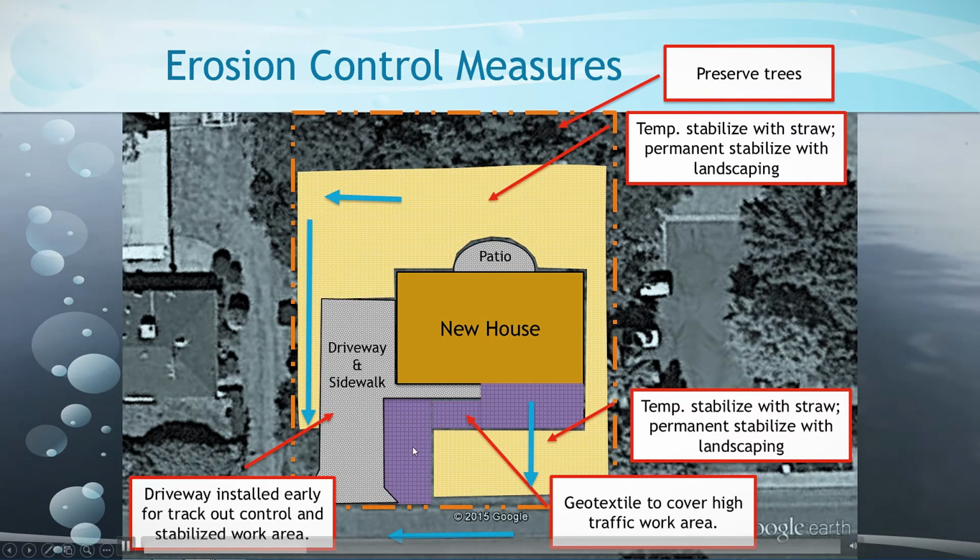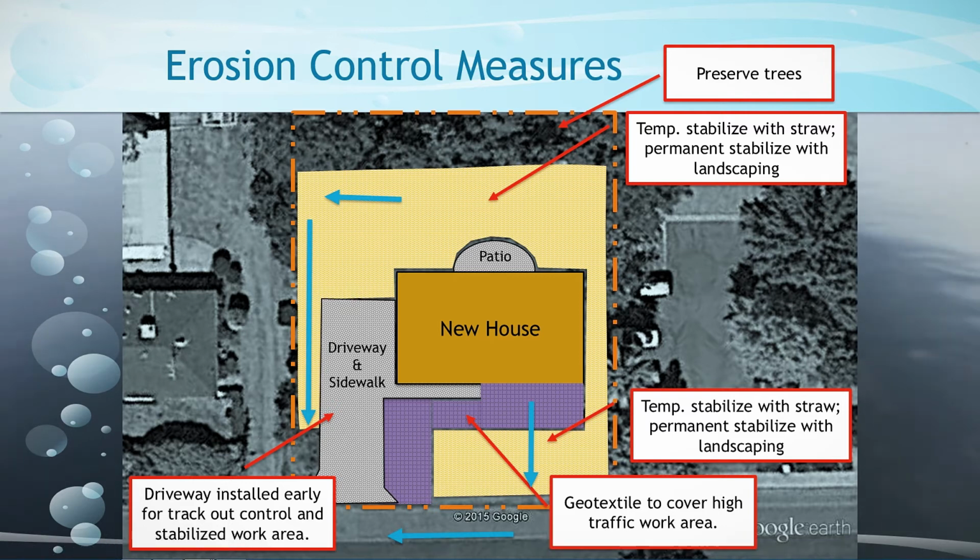And here's our geotextile just for high foot traffic, basically to provide a little bit of a cleaner surface to work on, a little less cumbersome than the straw, and also erosion protection, and even some track out control, not by vehicles, but just by foot traffic and wheelbarrows and that type of thing. So it just provides a cleaner surface.